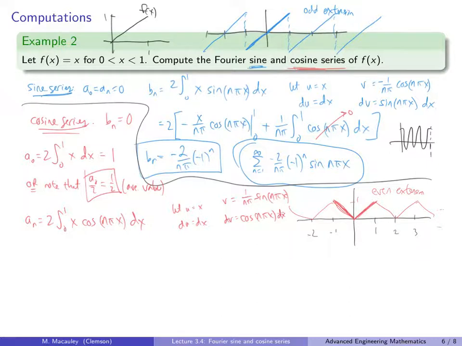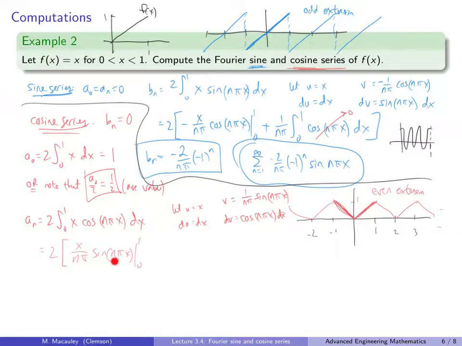Okay, so integration by parts, this is 2 times uv, so that's x over n pi times sine of n pi x from 0 to 1. So up here, in the sine series, this did not go away because we had a cosine, but this went away because when we integrate it, we got a sine. Now here we have sine of n pi x.